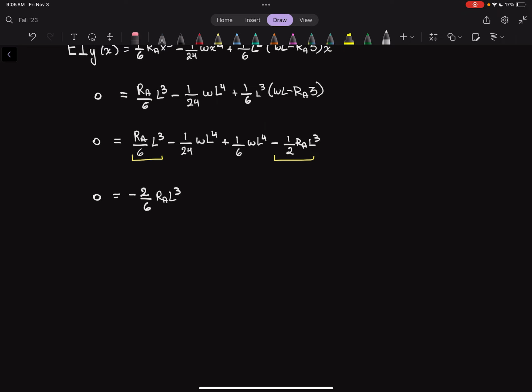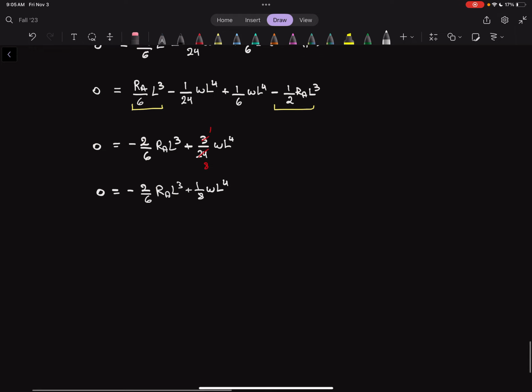So we're going to keep the positive 3/24 WL to the fourth, and that would be 1/8. So now we get 0 is equal to minus 2/6 RA L to the third plus 1/8 WL to the fourth.